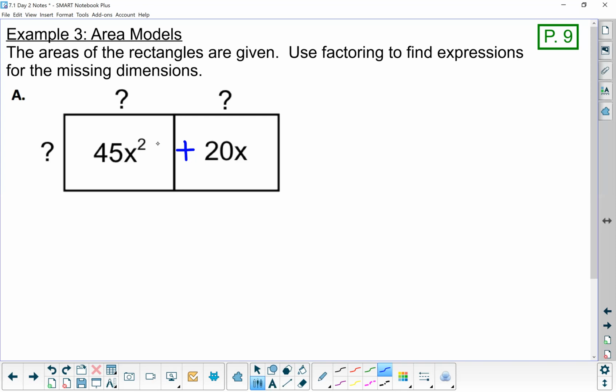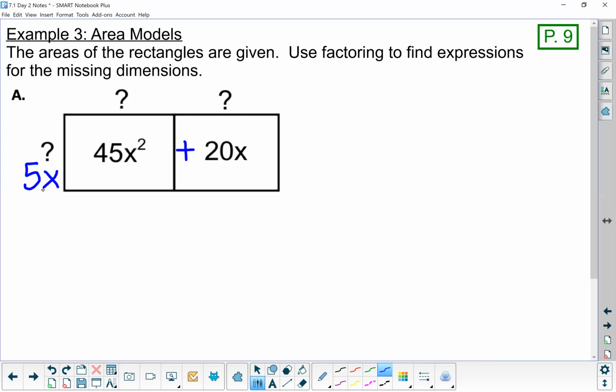I like 5. Do I have a variable in that expression that I can factor out? Yep, there's an x in both.